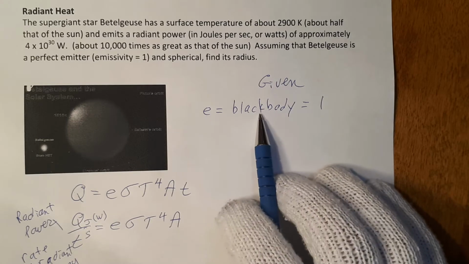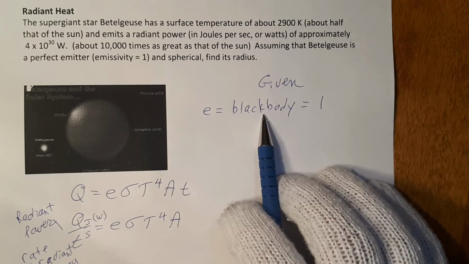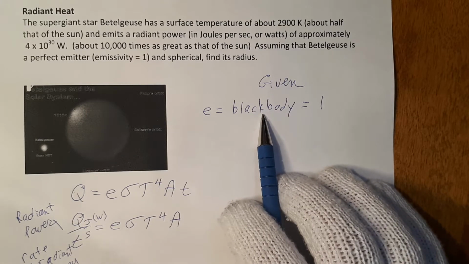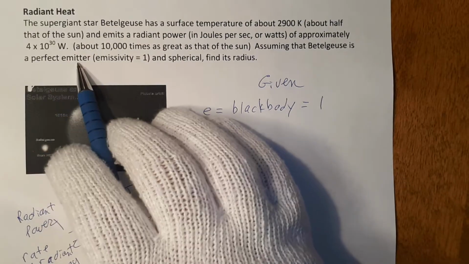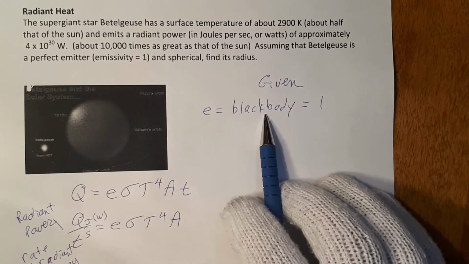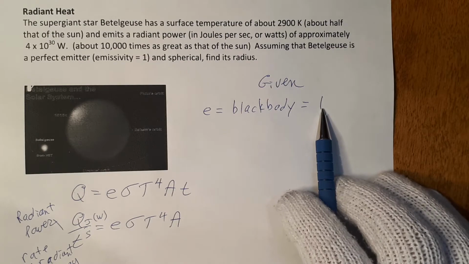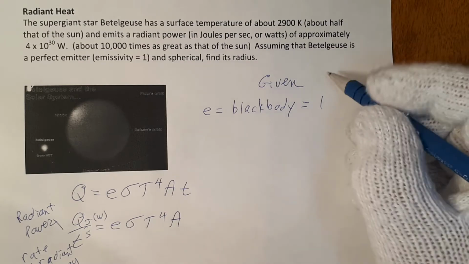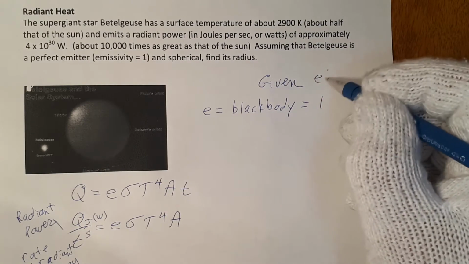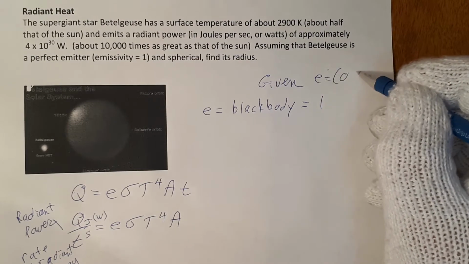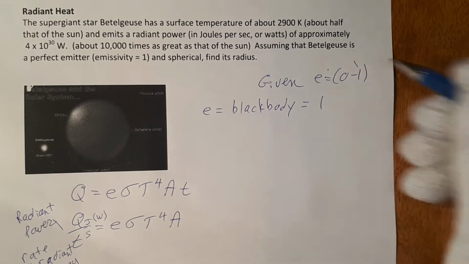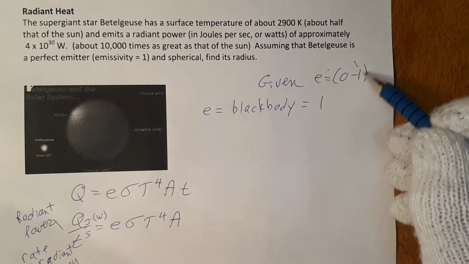There's a lot of history behind this one, but I don't have the time in this video to discuss black body, so we'll simply use anything where you see perfect emitter or the word black body, use E equals 1. And remember, E has value somewhere between 0 and 1. This one here being the perfect emitter or black body.